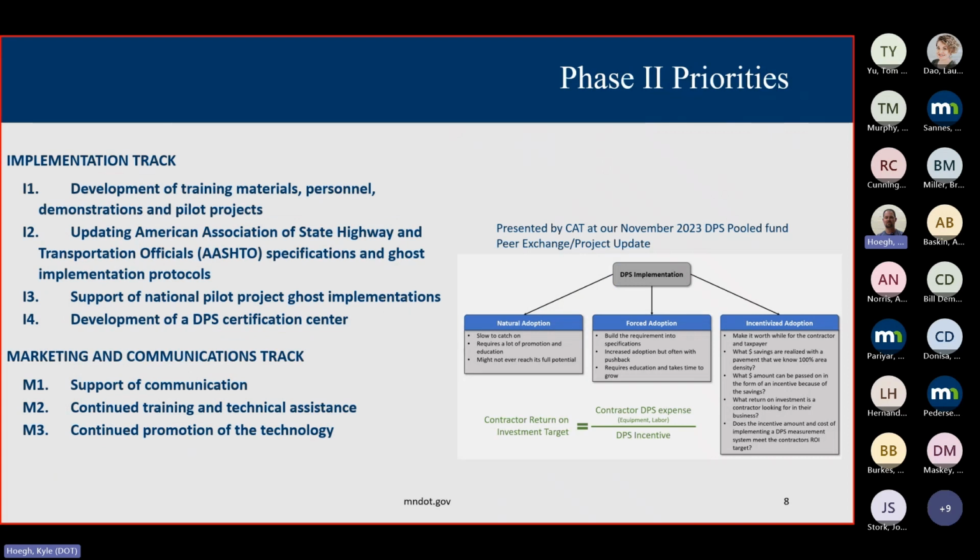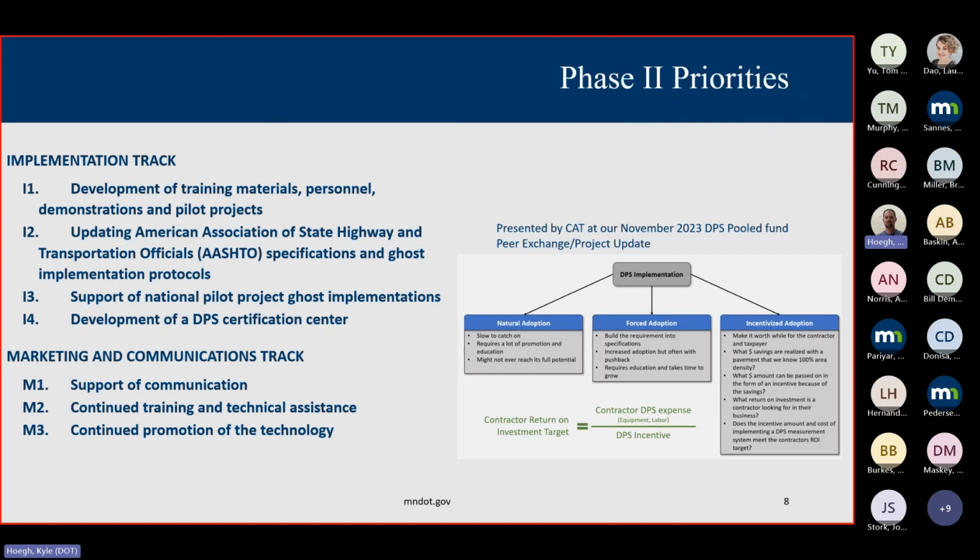And then, of course, this slide that I'm highlighting on the right there was presented at our last peer exchange work plan update by Brian Nagel from Caterpillar. And that's where I think we need to get with DPS and a lot of these other technologies.